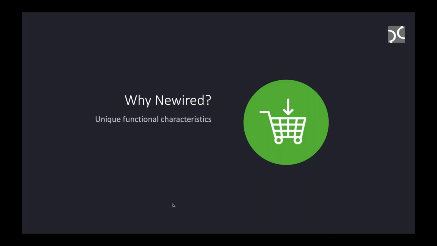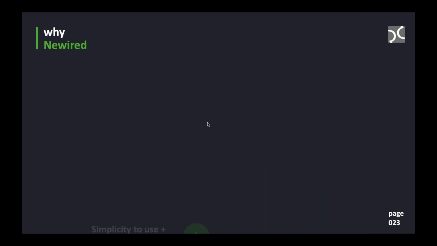And now we can go back into a bit of technology and speak about, if these are the numbers, what does it really mean from a technical or product perspective? So what are the unique functional characteristics of Nuvart? And let's go one by one through it.